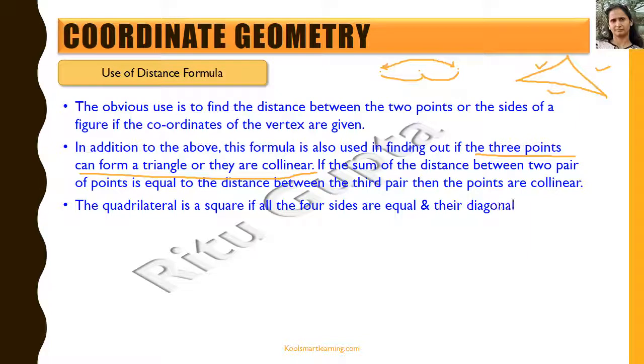We can also find out if a quadrilateral is a square or of any other type. How? If all the 4 sides are equal, that would mean the distances between the adjacent points are equal, and the diagonals are also equal, then the quadrilateral has to be a square.